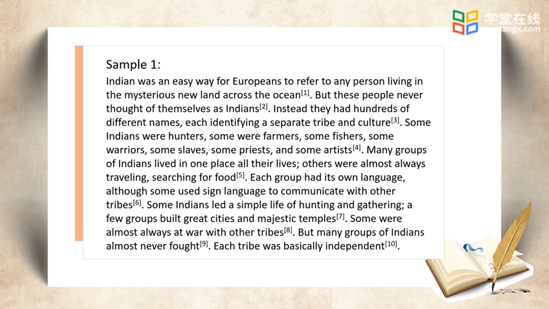Some Indians were hunters, some were farmers, some fishers, some warriors, some slaves, some priests, and some artists. Many groups of Indians lived in one place all their lives. Others were almost always traveling, searching for food. Each group had its own language, although some used the sign language to communicate with other tribes.